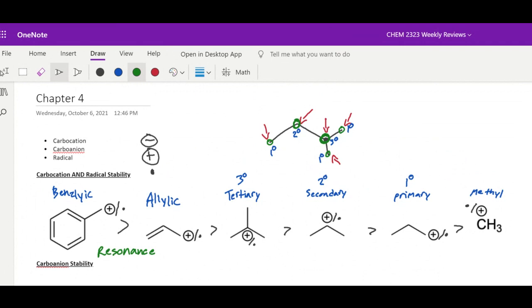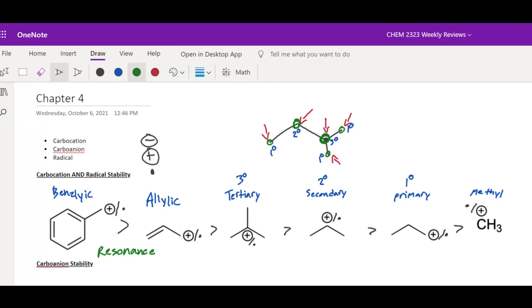a radical. It is going to stabilize that charge because it is spreading that charge very thin across a larger surface area, lessening the instability of that charge.